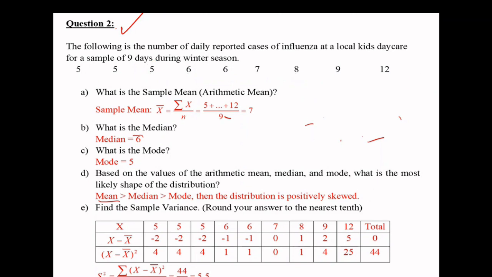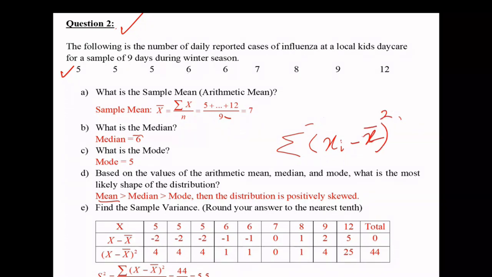There is a formula to find the variance: the sum of each value minus x bar, all squared, divided by n minus 1.